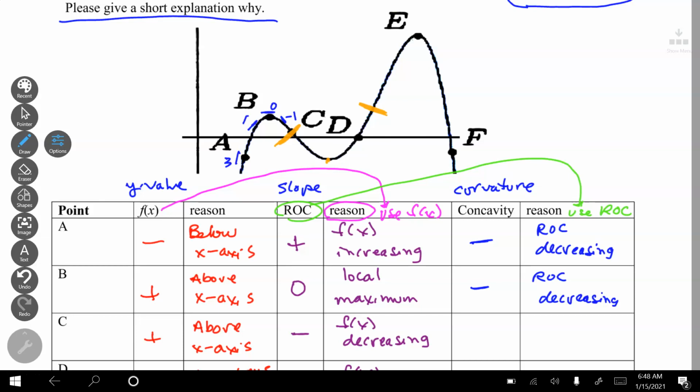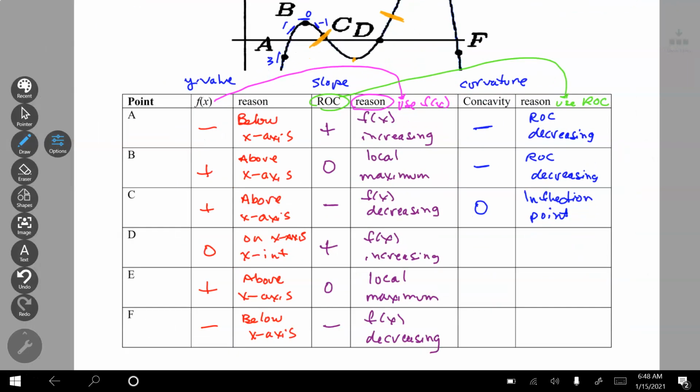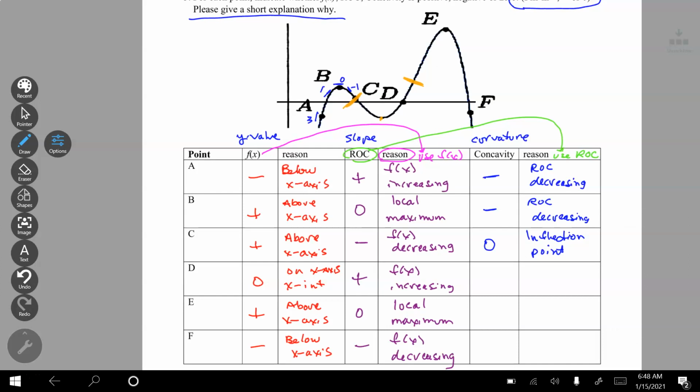At point C, this is where it's very special. The concavity right there is 0 because it's where it switches from concave down to concave up. We call that the inflection point, if you remember that from Algebra 2. Okay, I'm going to switch this up so I can see everything. Point D is on what I call the cup up part of the graph, so that's positive.